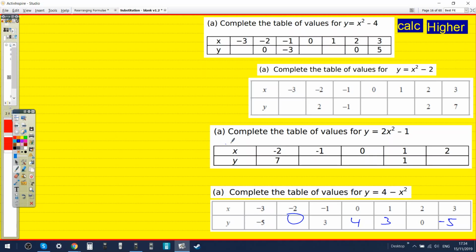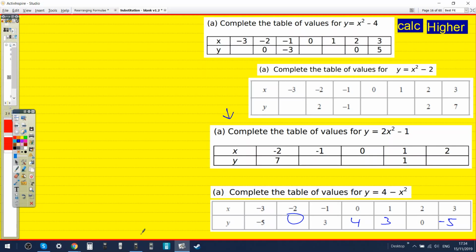So do you want to try making the table of values for the one above it? Yeah, so 2x squared minus 1, the start is minus 2, 2, and going up in steps of 1.